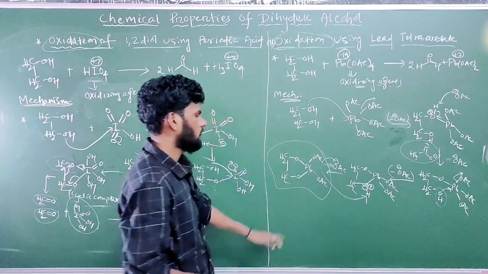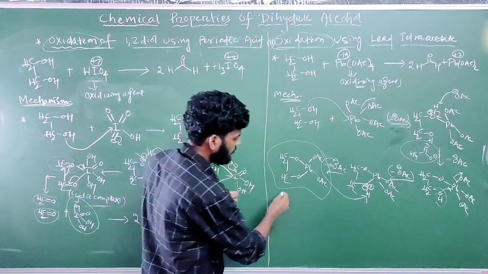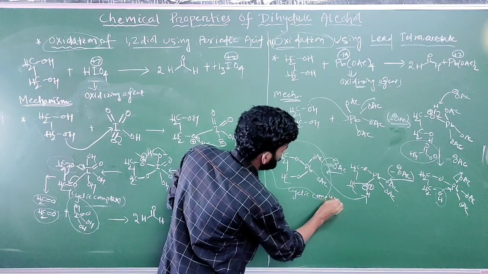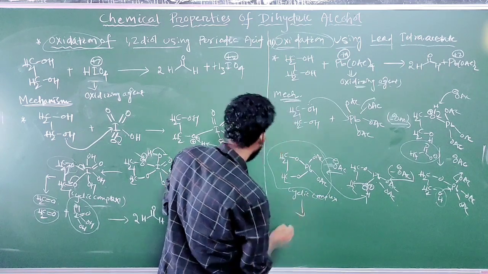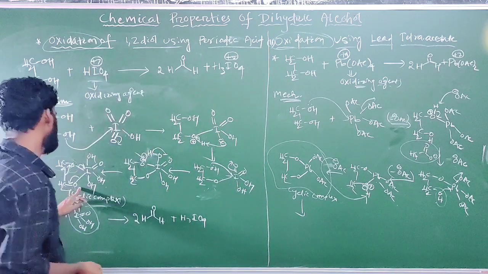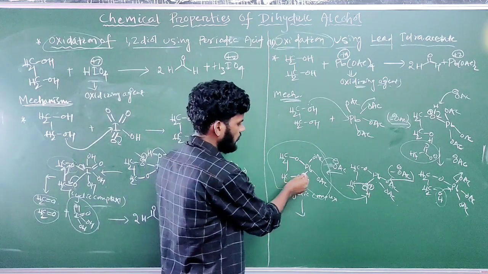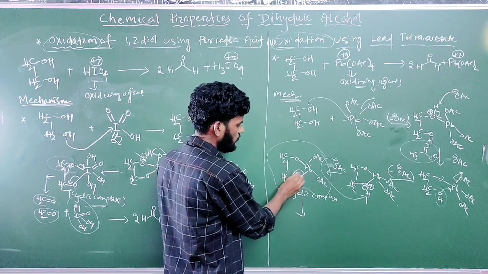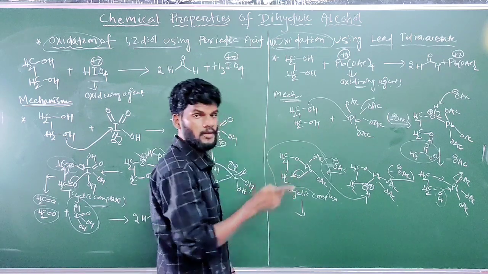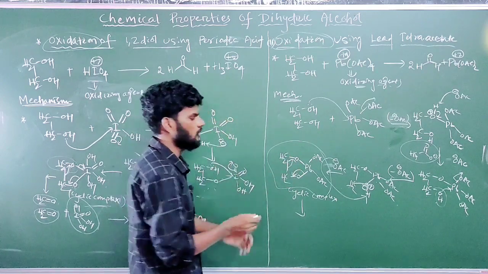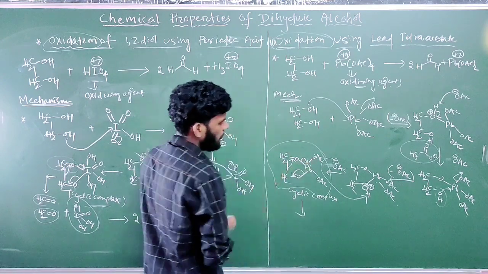If this cyclic complex breaks, as in a cyclic arrow mechanism, similarly this bond moves over to form a CH2 double bond, and this bond moves over to form another CH2 double bond, and this bond moves over to Pb.